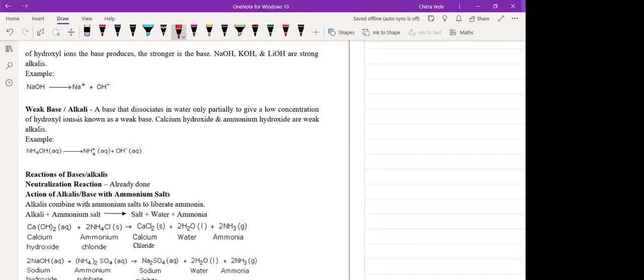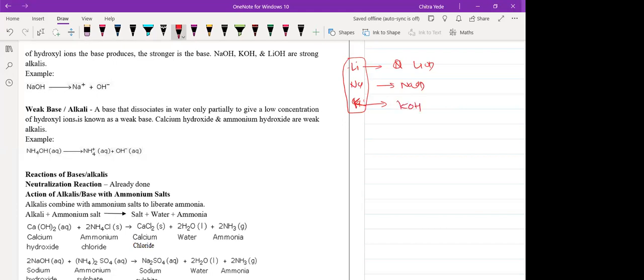In the first group we have lithium, sodium, and potassium. Lithium has LiOH, sodium has NaOH, and potassium has KOH.